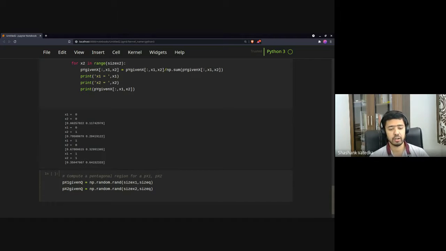But these need to be valid conditional PMFs for each q, so I need to normalize.